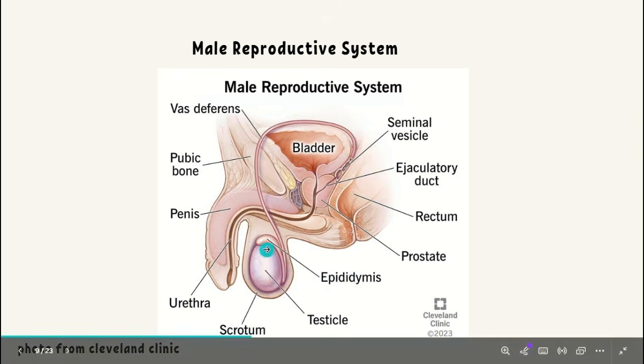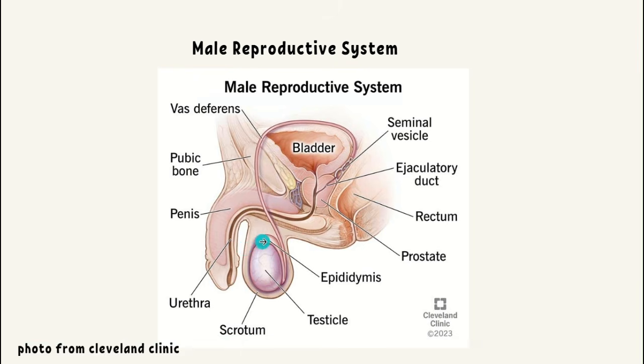So this is the epididymis. What the vas deferens does is that it carries sperm from the epididymis to the seminal vesicles, right? So look at it. It's carrying the sperm from here to the seminal vesicles, right?